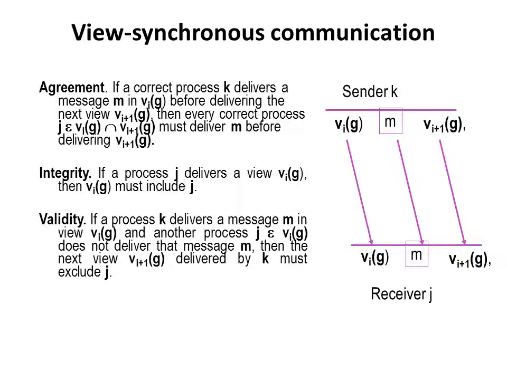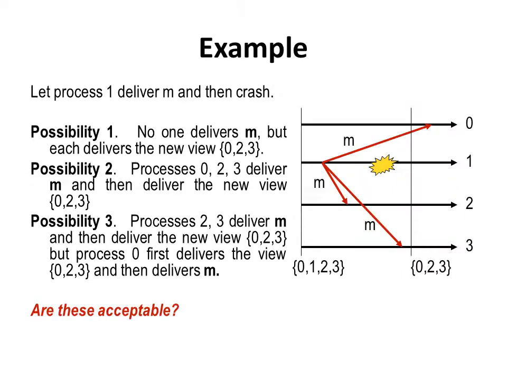However, you do need to understand them because there will be questions as on this slide where you can be given a scenario where a message is sent out and let's say some of the processes crash, and there can be questions on whether a message should be received before the view or the view should be received before the message or vice versa.